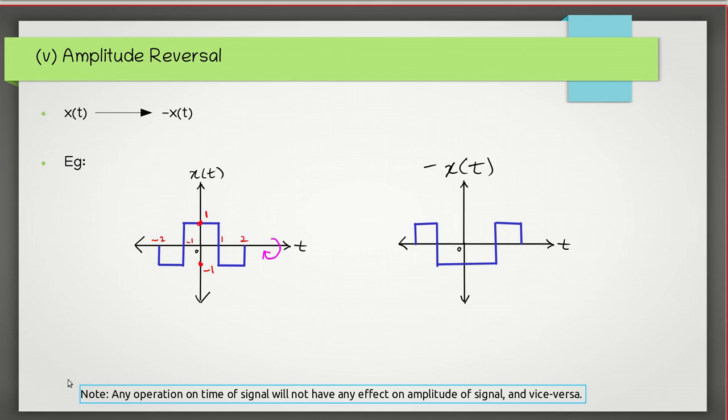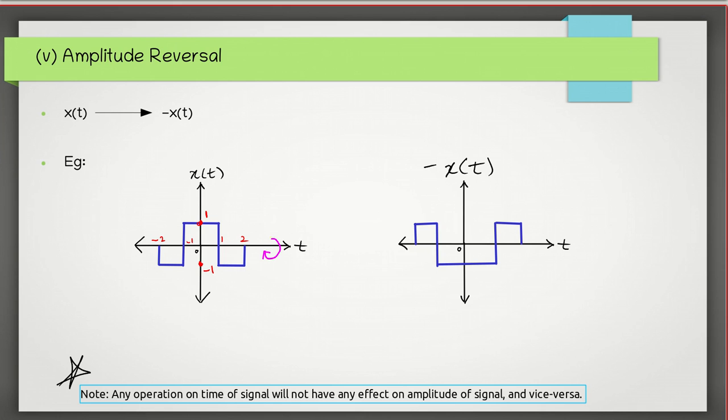Okay, an important note here: any operation on time of a signal will not have any effect on the amplitude of the signal, and vice versa. So this means that if I perform time shifting or time scaling or time reversal on any signal, that will not have any effect on the amplitude of the signal. And if I perform amplitude shifting, amplitude scaling or amplitude reversal on any signal, that will not have any effect on the time axis of the signal.